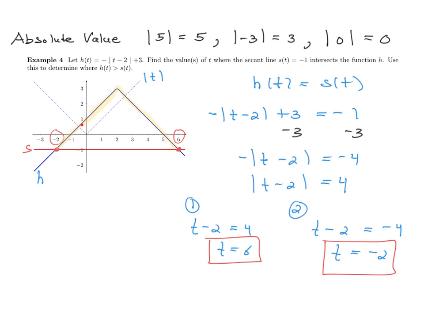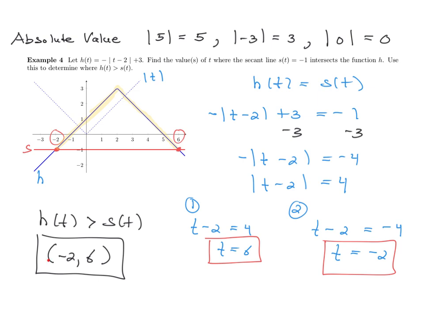These values of h are all above these functions of s. So the answer is, if you want to know where h of t is greater than s of t, it's on the interval from negative 2 to positive 6. We will not include either negative 2 or 6 because there was no equal sign on this part of the question, and that's it for this problem.